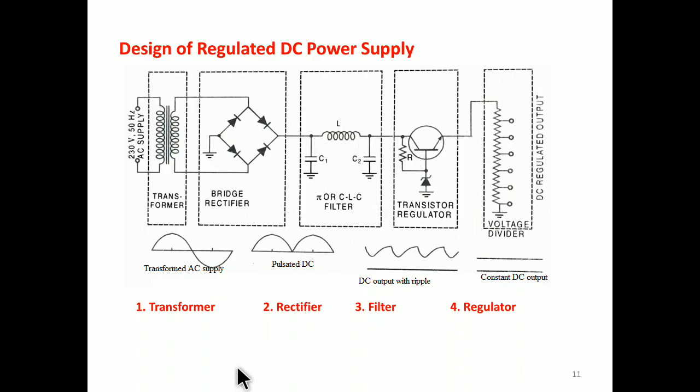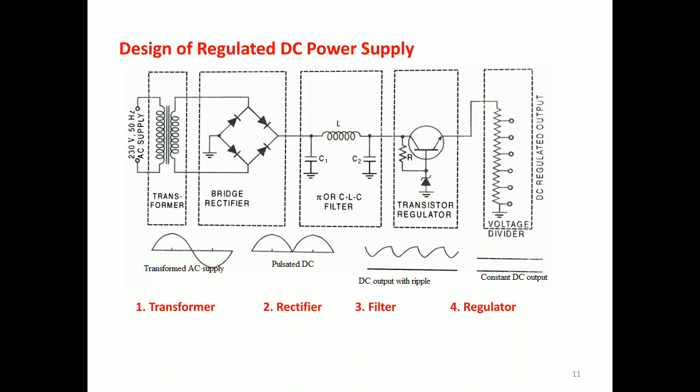So let us discuss in detail. The diagram shows the complete circuit of a regulated power supply. A regulated power supply is an electronic circuit designed to provide a constant DC voltage of a predetermined value across the load terminals, irrespective of the AC mains fluctuations or the load variations.